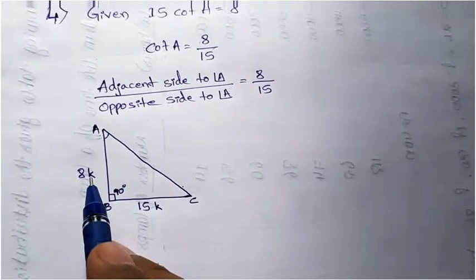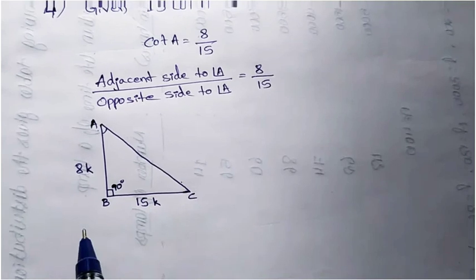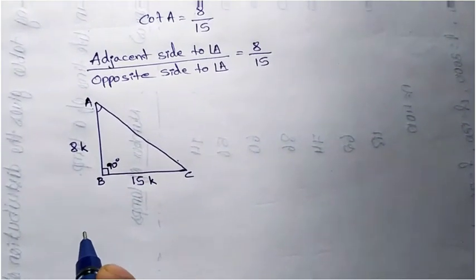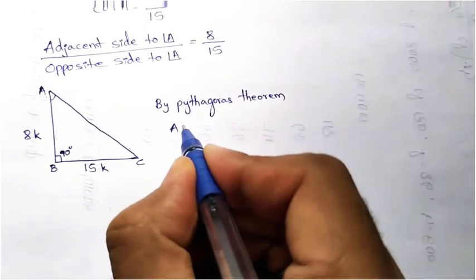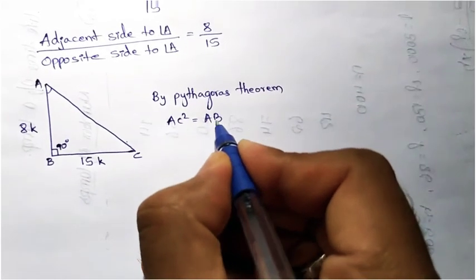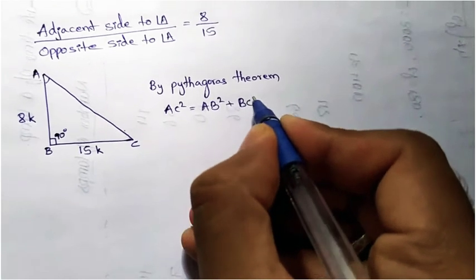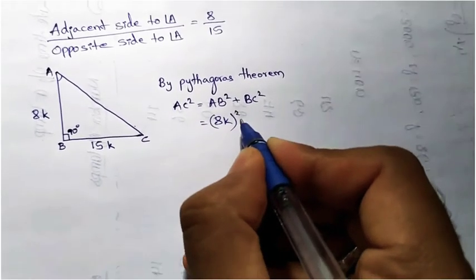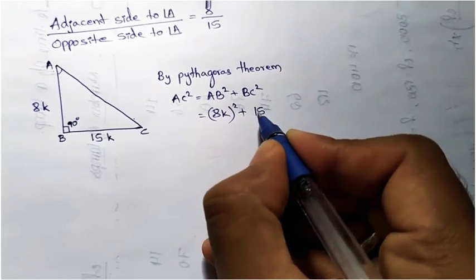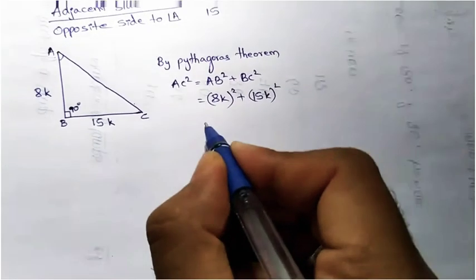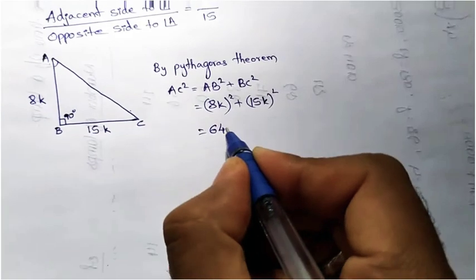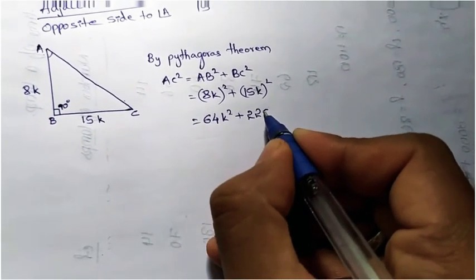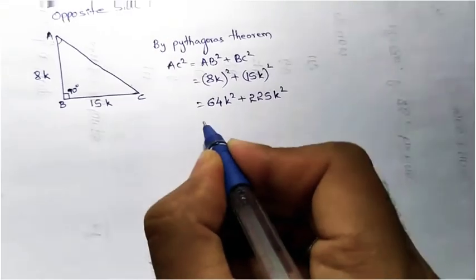Here adjacent is there, opposite is there, then what about the hypotenuse? Again apply the Pythagoras theorem. AC square equal to AB square plus BC square. AB is 8k whole square plus BC is 15k whole square. So it will be 64k square plus 225k square.